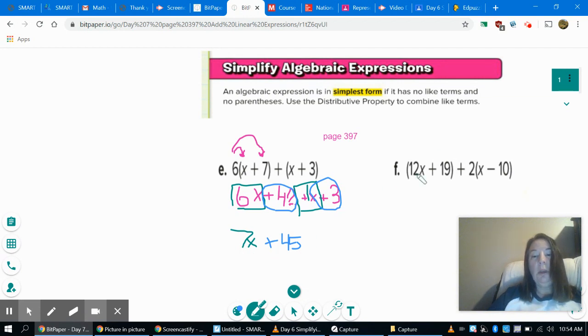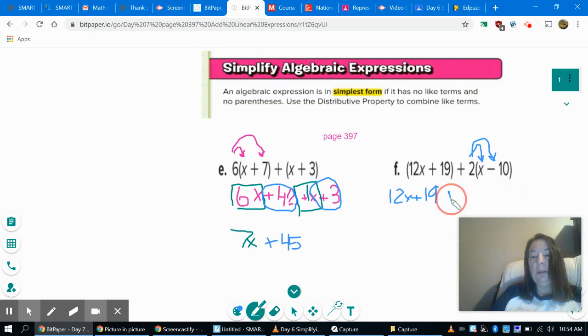Now, over on F on page 397, I only have one copy of 12x plus 19, so I'm just going to write that without the parentheses. And then notice this factor of 2, which means I have 2 copies of this x minus 10.